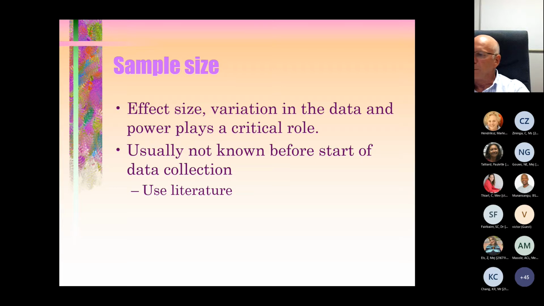One can use that as a baseline for determining what effect sizes we're going to work on. Or you can, which is probably the best option, if it's possible, do a pilot study and collect some data before you go on to a main study. Then one can use the pilot study results to calculate sample sizes. So that's the ideal way to deal with sample size calculations.